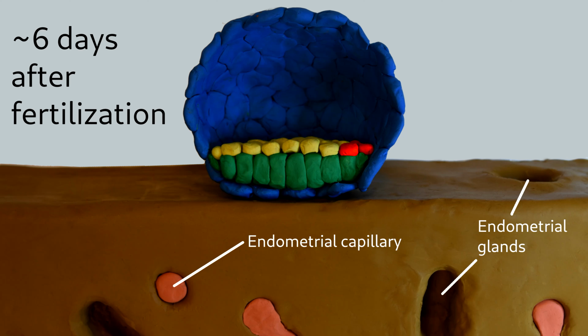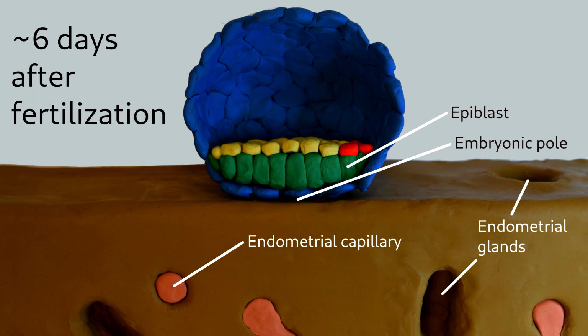Other adhesion molecules are also necessary during this stage, including integrins. One of these is the heterodimer alpha-5 beta-3, which is part of the endometrial recognition process and is expressed by both the trophoblast cells and the endometrium, although only the endometrium expresses its ligand.